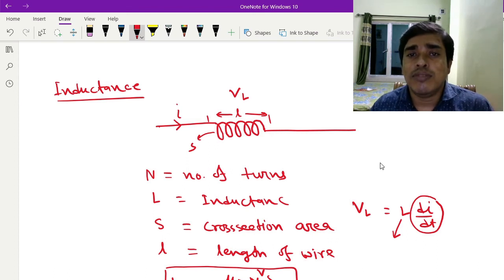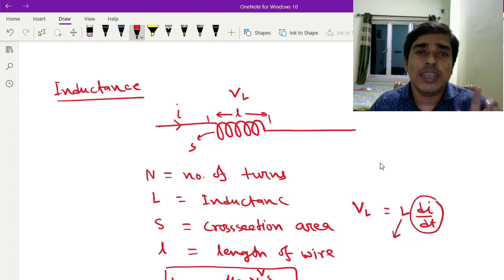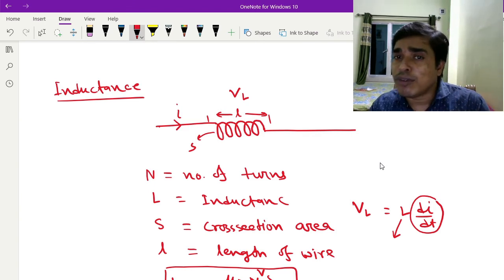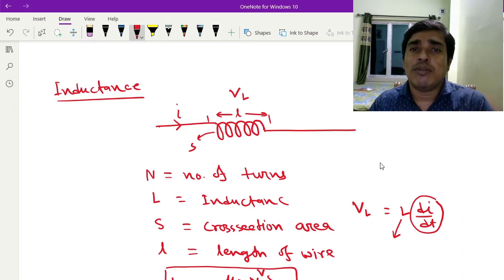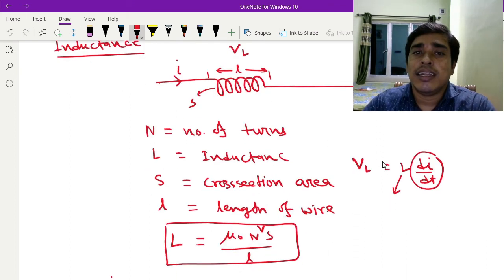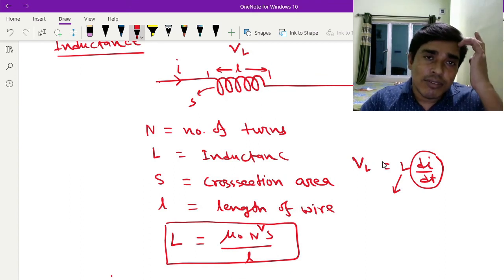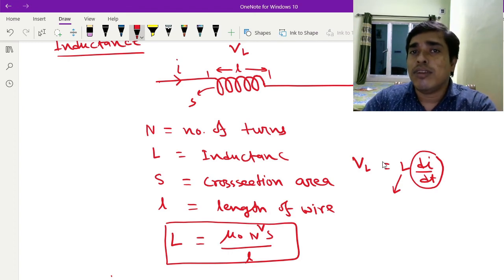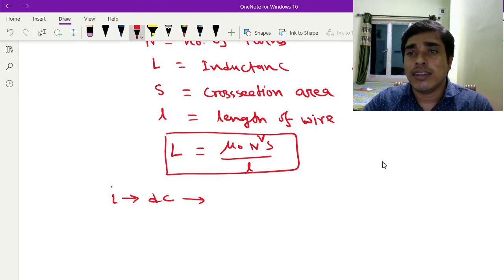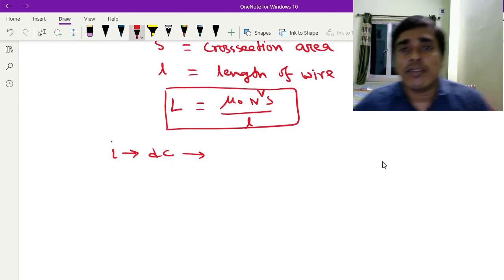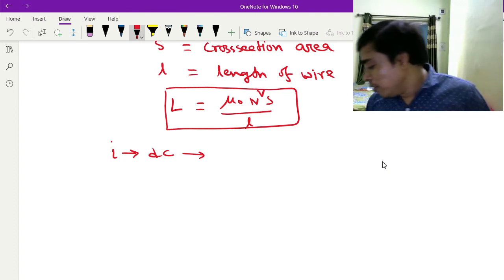So for a DC source, inductance arises at the time of switch on and switch off, but for a long time it does not arise. For an AC source, inductance is always present, because there is a change in current.